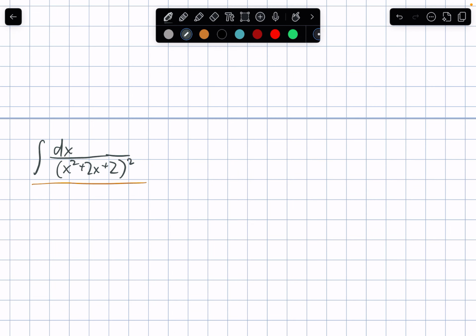So let's solve this integral through trigonometric substitution. Supposedly, we have three cases, but then we need to do completing the square so that we could have a form such as the following.